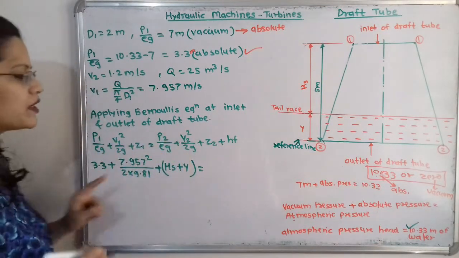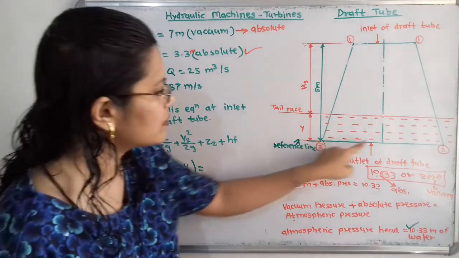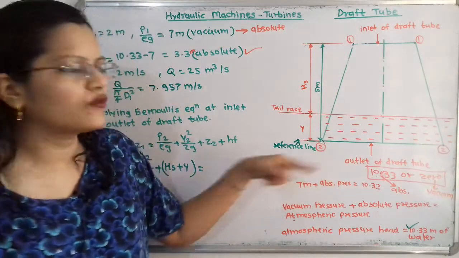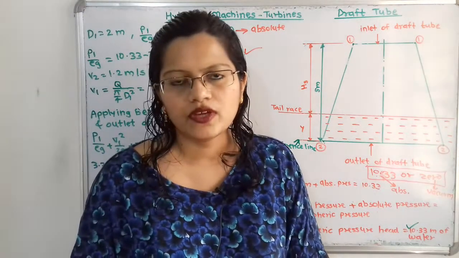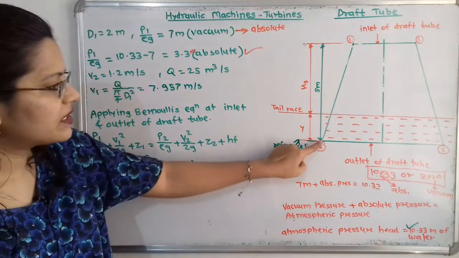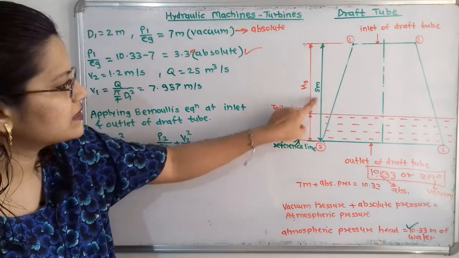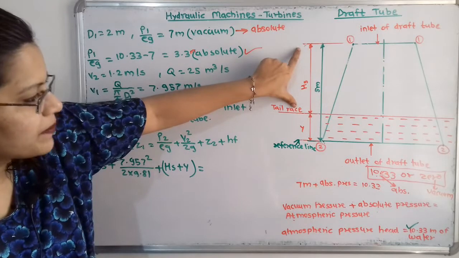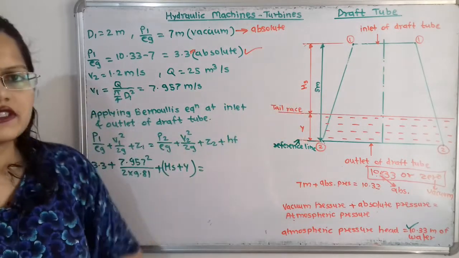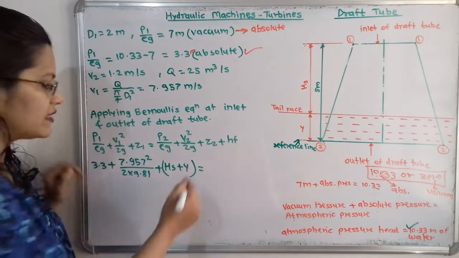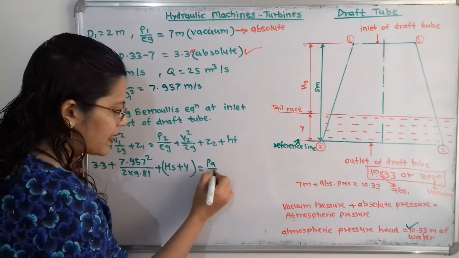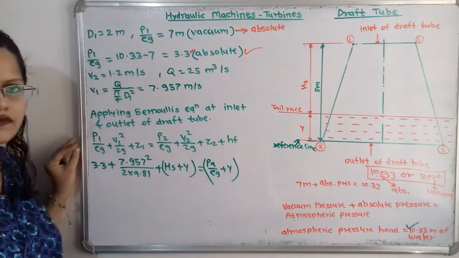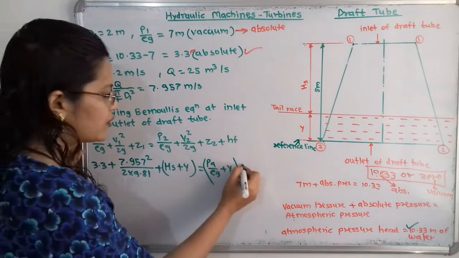Then what about P2 by rho g? If we observe, this is section 2, and for this section, what is the pressure head? Above this tail race there is the atmospheric pressure. So we have to take atmospheric pressure head plus this vertical distance Y. So I will take PA by rho g plus Y plus V2 square by 2g.